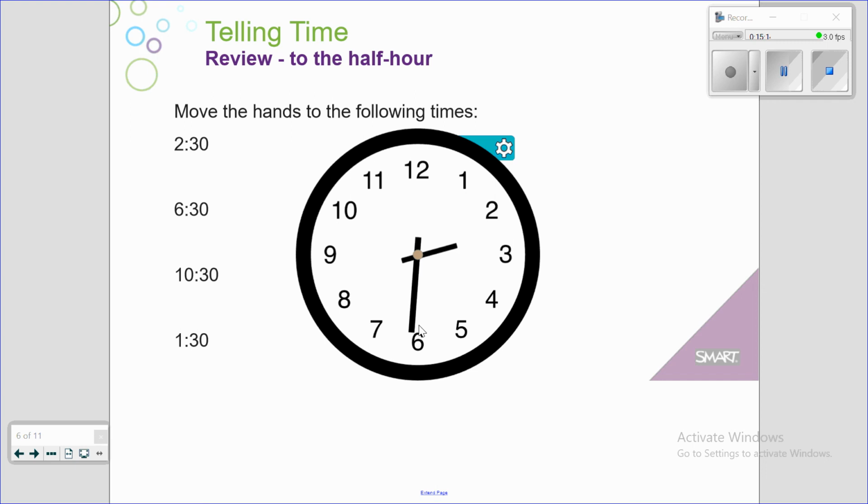That means I have to go back an hour. Here is 1:30. See, as I told you, when the minute hand is moving, the hour hand is moving with it, slowly, slowly. Okay, let's go to the next level.